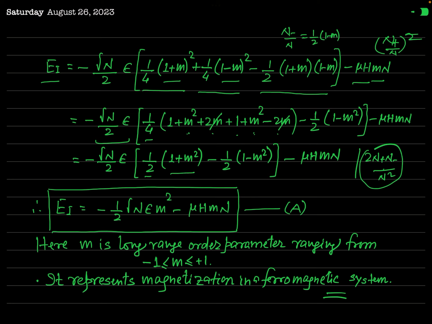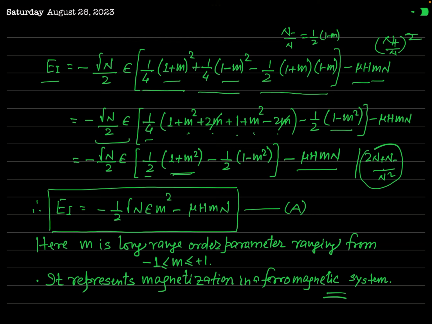Now again this 1 plus m times 1 minus m, you know this is 1 minus m square. Okay. So inside this square bracket, now the terms are 1 by 2 times 1 plus m square minus 1 by 2 times 1 minus m square. Okay. And minus mu h mn. Okay.